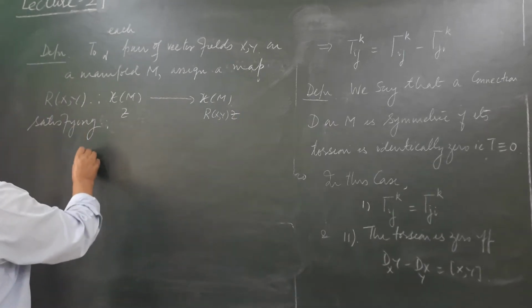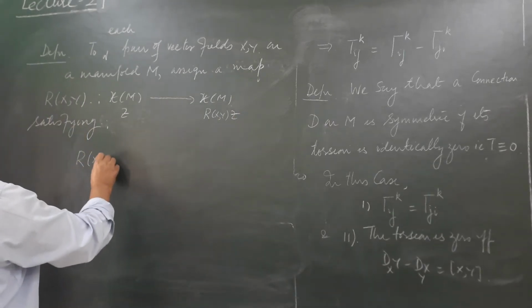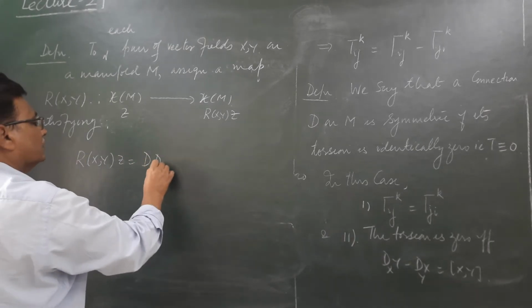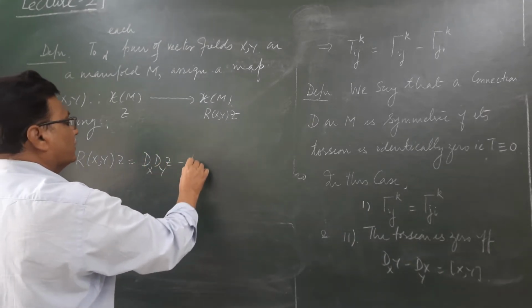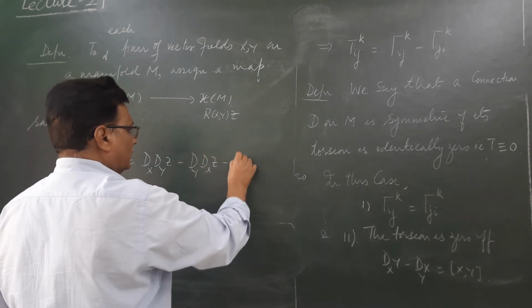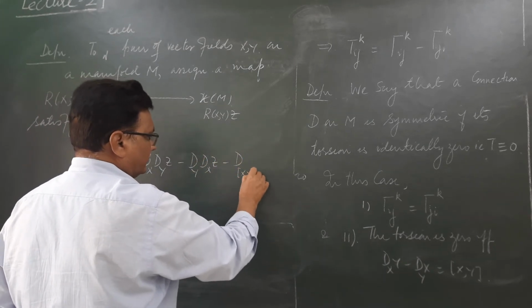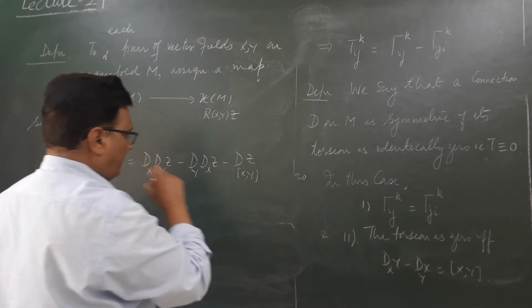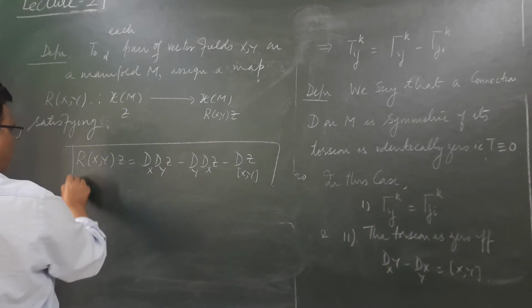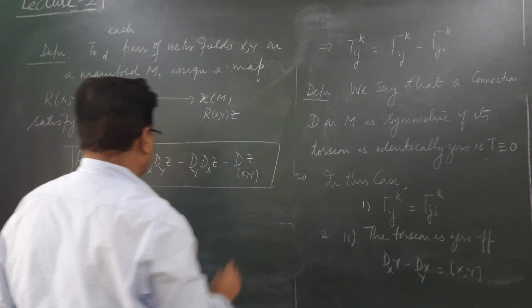And this R(X, Y)Z is given by D_X D_Y Z minus D_Y D_X Z minus D of Lie bracket [X, Y] Z. This is the defining formula for R(X, Y)Z.